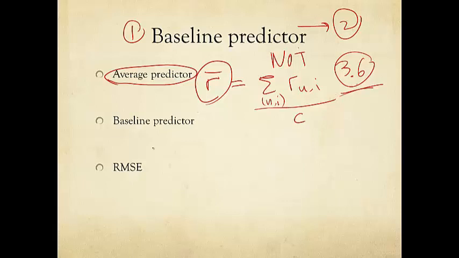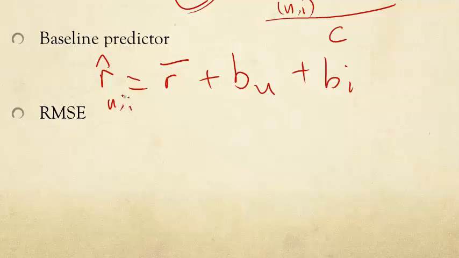So let's say the predictor, R hat, is R bar, but with some bias terms. So b, bias terms with regard to the user, and bias terms with regard to the movie. So our R hat_ui is the average predictor, the laziest one, plus some bias term on that user, and some bias term on that movie.